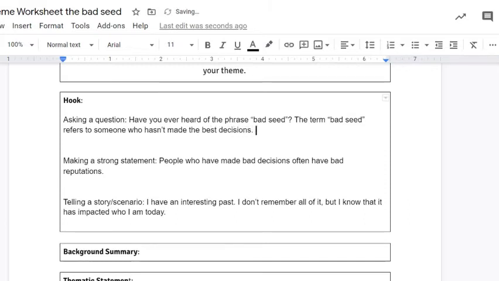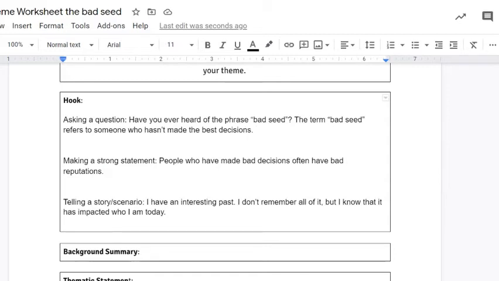If I can spell. Okay, so that could be a good example of the hook and the answer. I would suggest using the ask a question because it's not the simplest, but it is something that is kind of cool and it does make your reader think.